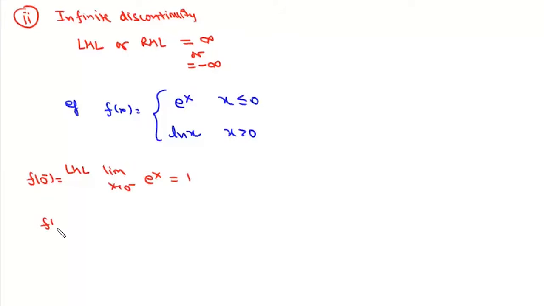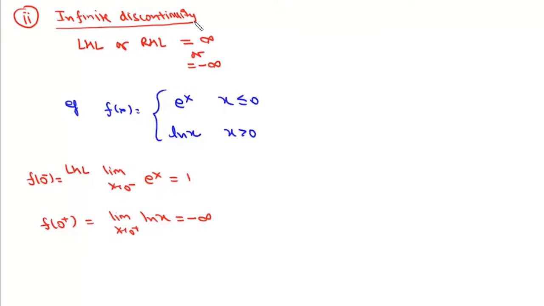But if we look at its right hand limit, f(0 positive), it will be this limit x tends to 0 positive of log x, and we know that log 0 is minus infinity. So this right hand limit approaches minus infinity, and therefore it has an infinite discontinuity.